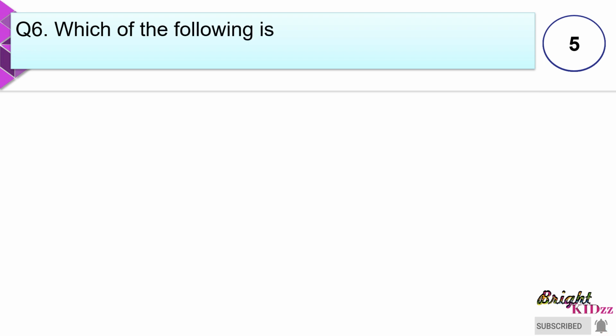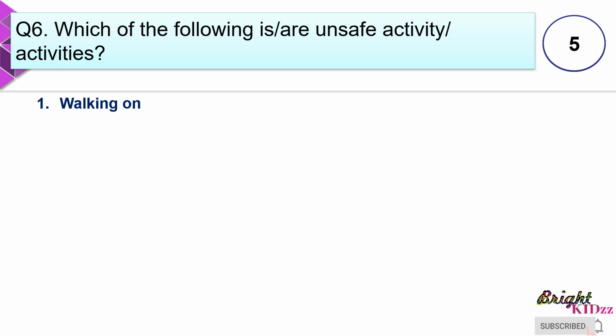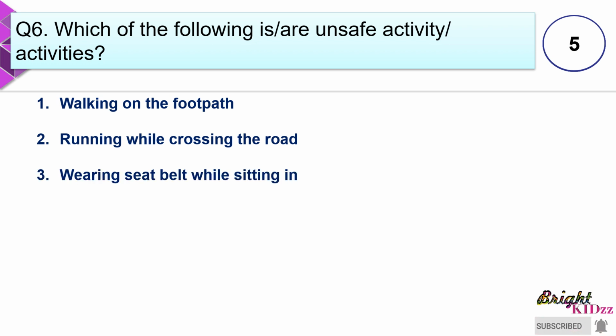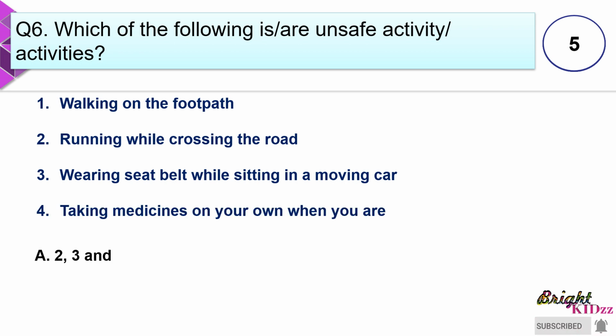Which of the following is or are unsafe activity or activities? A. Walking on the footpath. B. Running while crossing the road. C. Wearing seat belt while sitting in a moving car. D. Taking medicines on your own when you are sick.